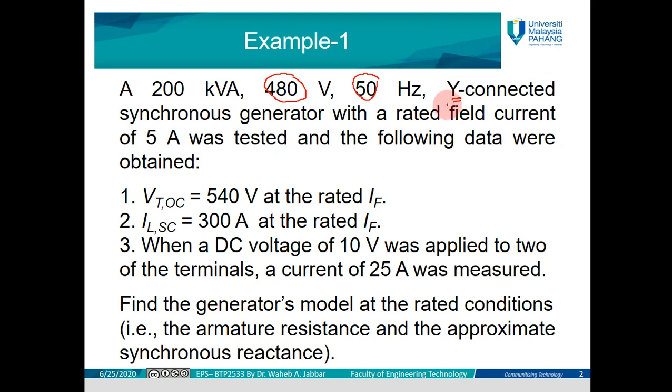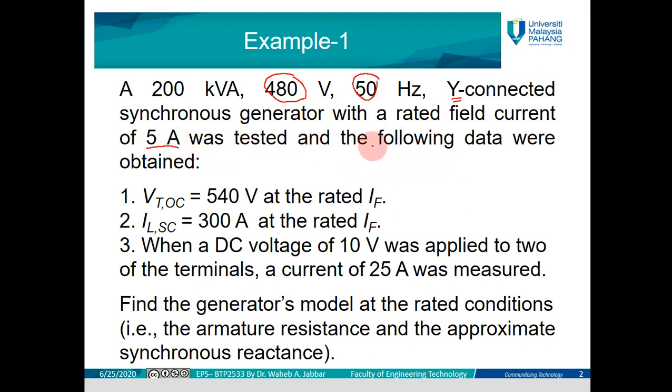We need to consider whether the generator is Y connected or delta connected, I mean star or delta, because this will affect the value of the voltage and current for both the phase and the line. It is a Y connected synchronous generator with a rated field current of 5 ampere. So this is the value of IF, IF equal to 5 ampere.